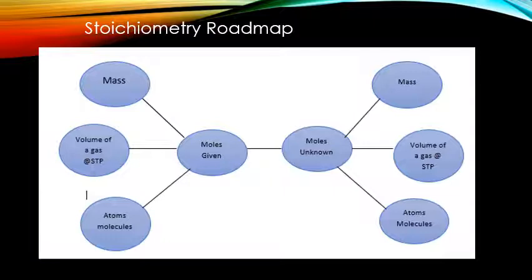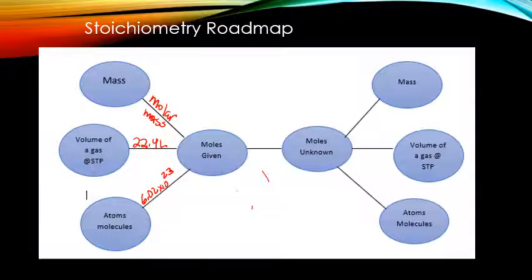If we're trying to go between mass and moles, this would be represented by the molar mass, the number of grams found in 1 mole of a substance. We would have the volume of a gas at STP, which would be the 22.4 liters. And then we have your atoms, Avogadro's number, 6.02 times 10 to the 23rd, for your number of atoms or molecules, ions.